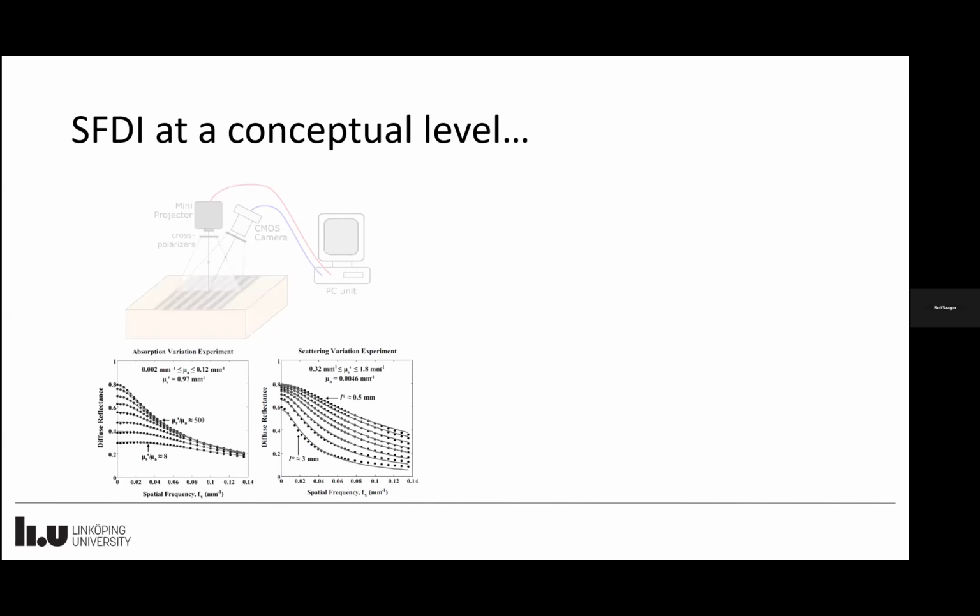And from David's paper, the nice part is that with this concept of shining different patterns of light based on the frequency of the pattern, you can see a differential response if you have constant scattering but change the absorption. You have a family of curves here that, at different frequencies, have different shapes in this really nice, smooth, monotonic decaying curve.